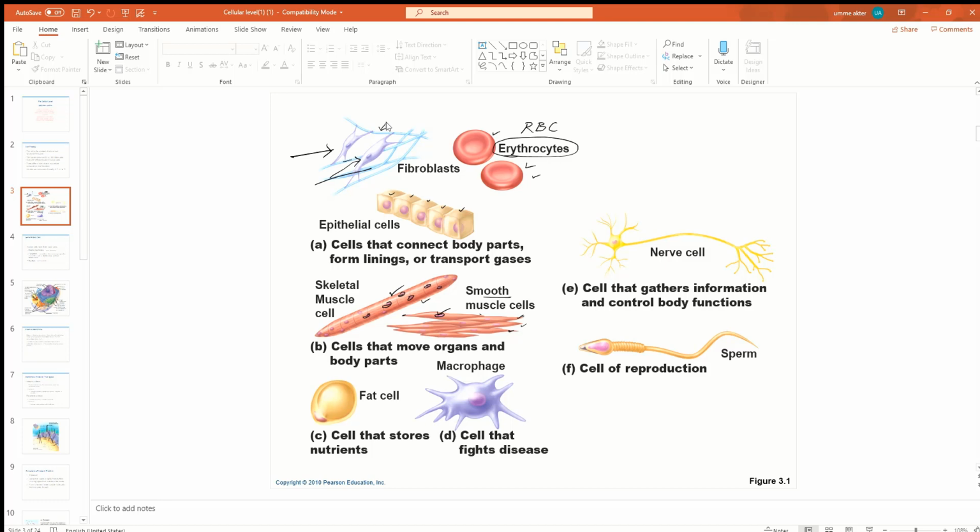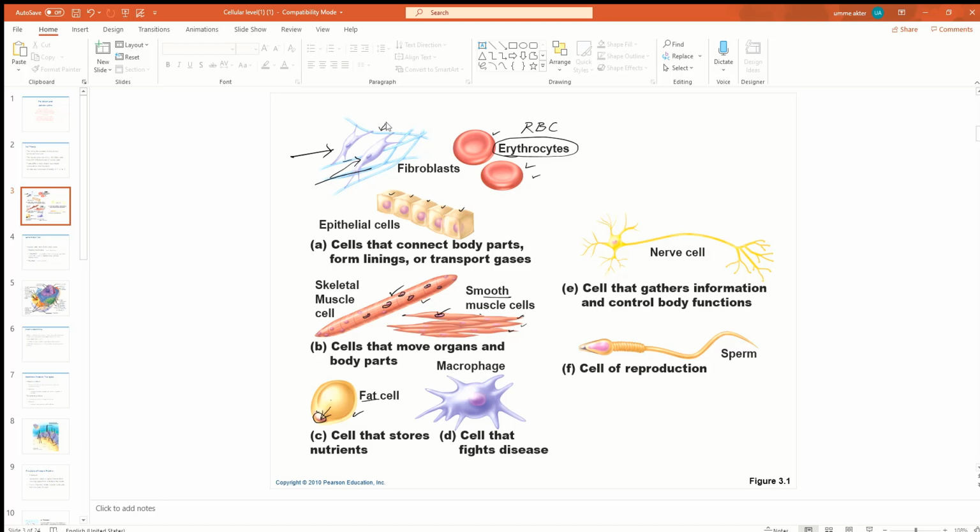So the function is different. This is a fat cell. You see something interesting here. The nucleus is not in the center but attached to the membrane, and the function of the fat cells is storage of energy.